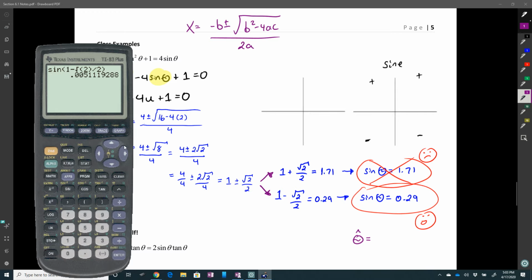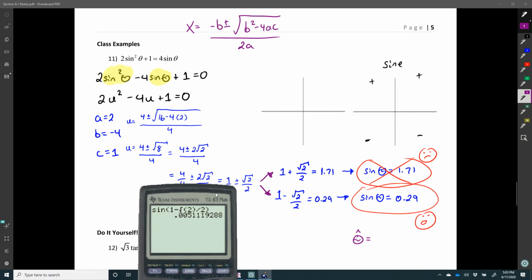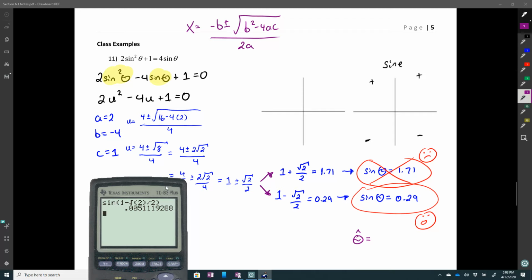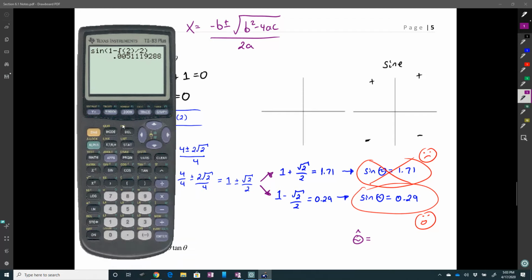Oh, and notice that here, let me switch back to the wrong, wasn't degrees. We switch back to radians.